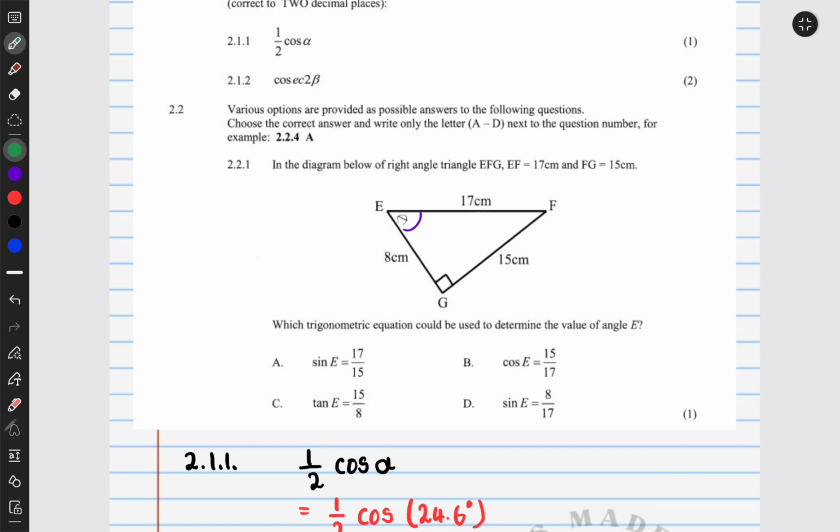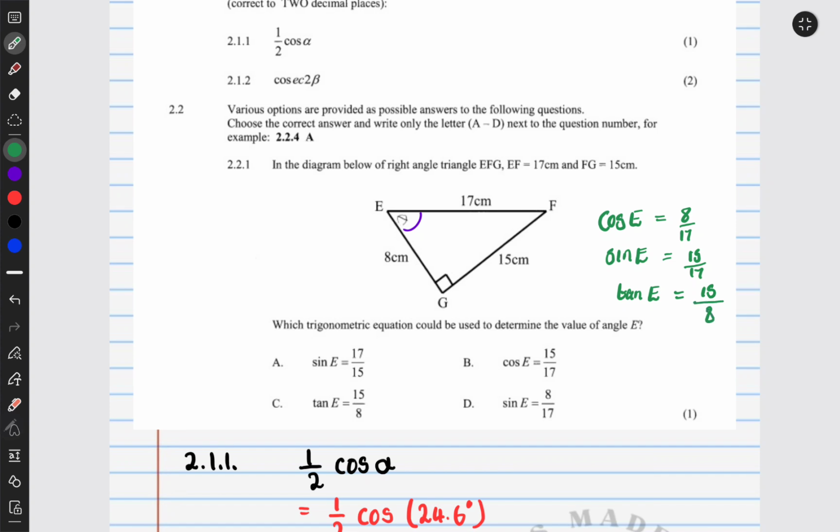And then for the cosine, maybe let's just write this. It makes our lives very easy. Cos E is equal to 8 over 17. Sine E, opposite over hypotenuse, is 15 over 17, and then tan E is opposite over adjacent, 15 over 8.